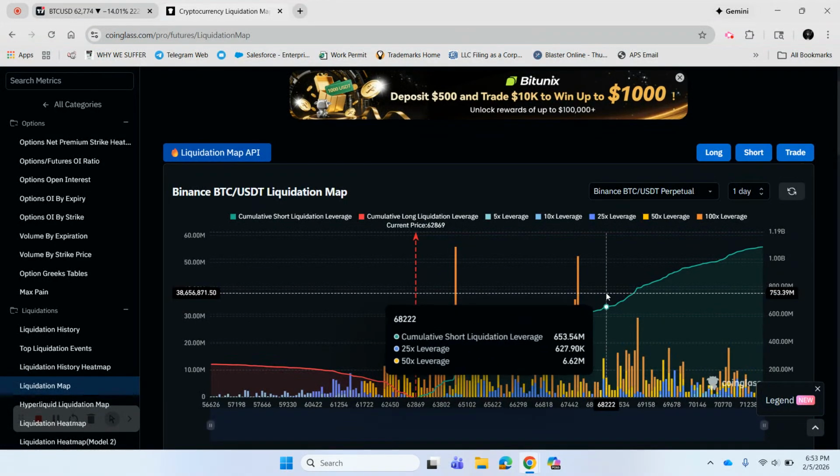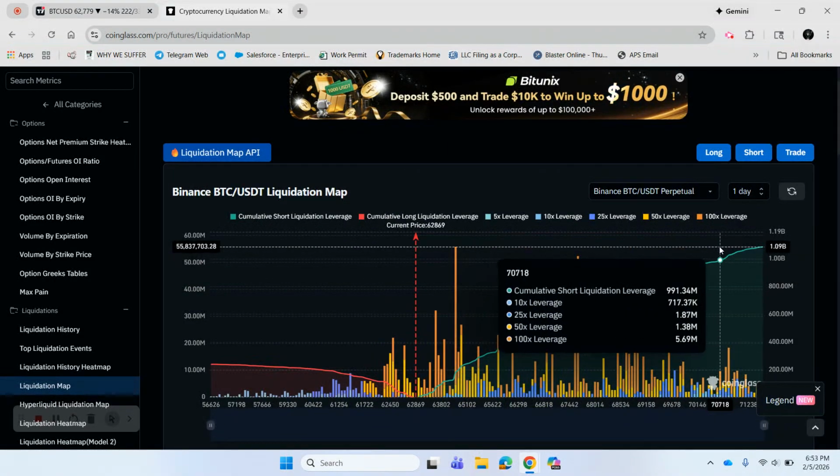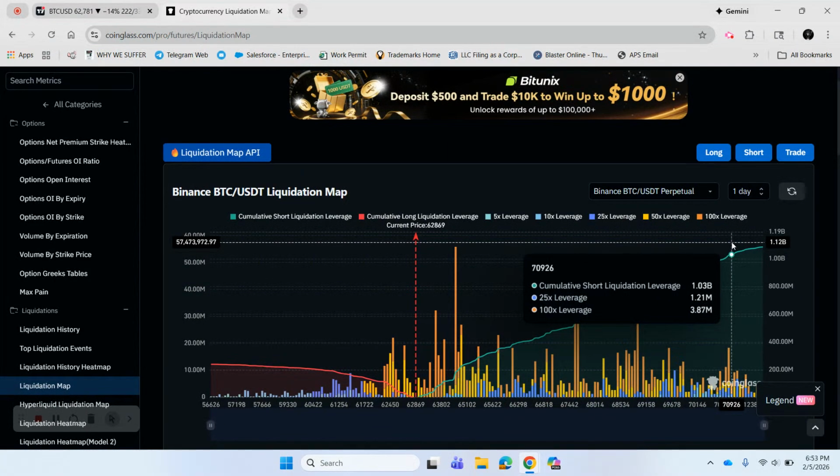As you can see, you got 600 million, 700 million. Even if we get back up here to over 70,000, got over $1 billion worth of liquidation from shorts. So people who short it, they'll get ate up on that, right? So that is liquidity. Remember, we're talking about those guys who short, they got to buy back.